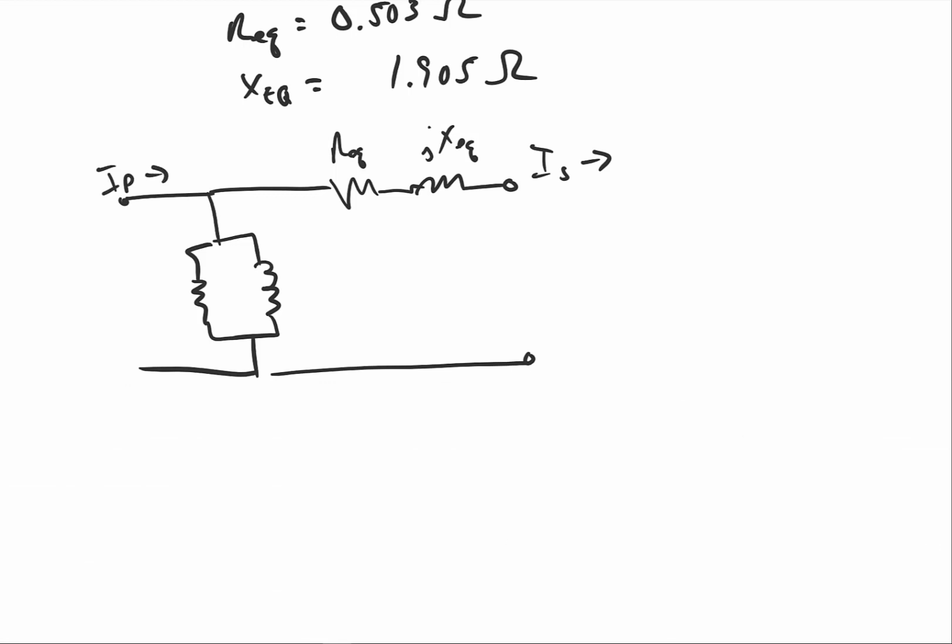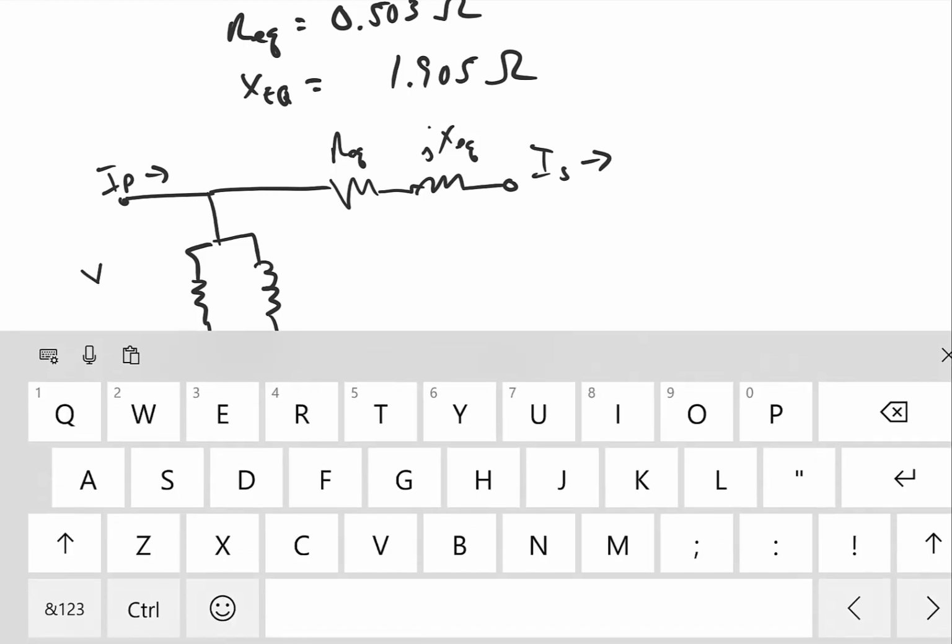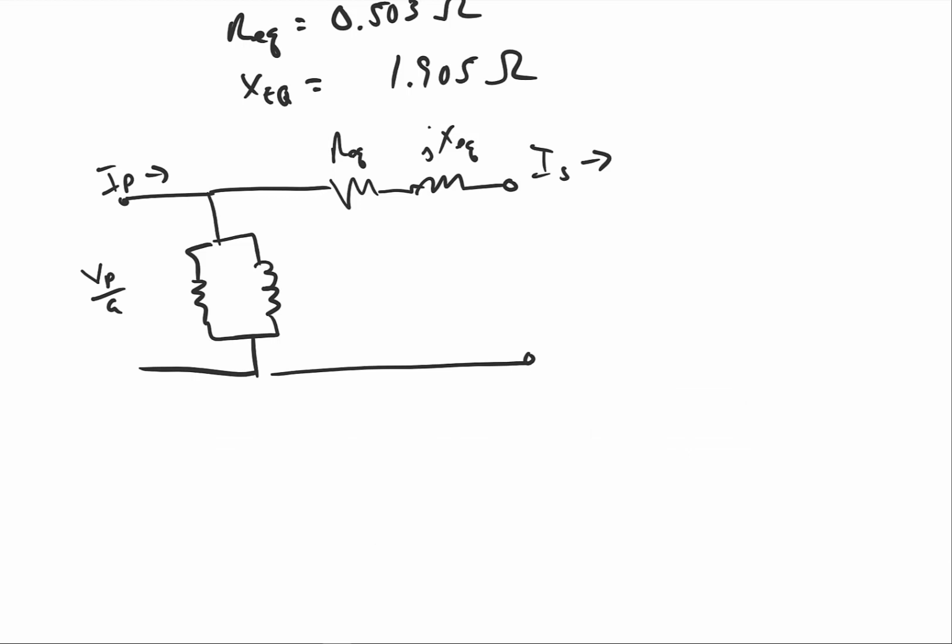This is VP over A. This is actually A times IP. We're referring. So this is R sub C over A squared, and this is jX sub M over A squared, V sub S. And that's our equivalent circuit, where these values are all the ones that we found up above.